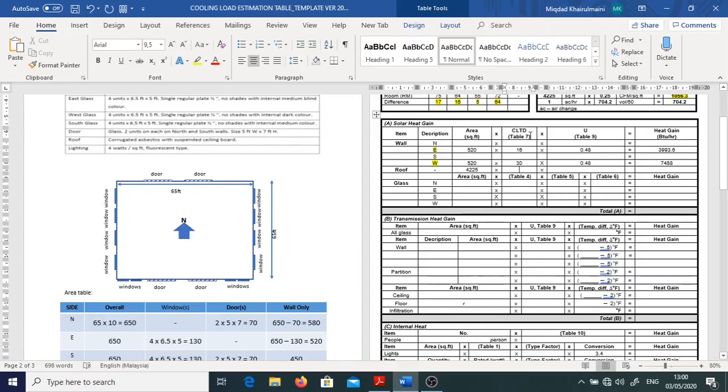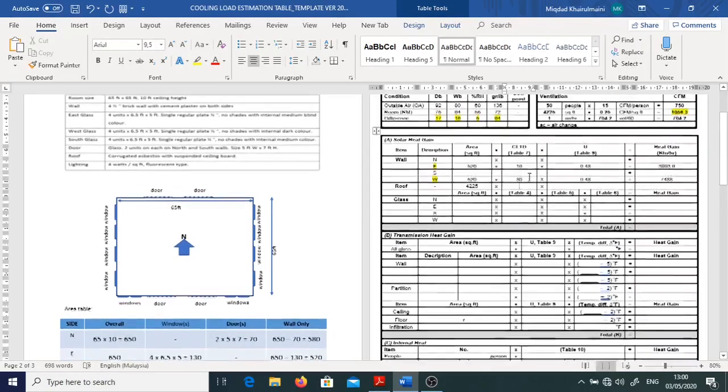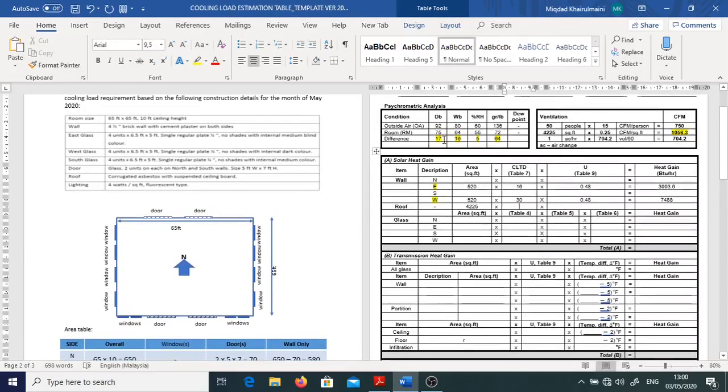For CLTD, we don't look at table 7. We have to look at the material. Our roof material is corrugated asbestos with suspended ceiling board. If our roof material is not concrete, for CLTD we will use the delta T for dry bulb, 17.